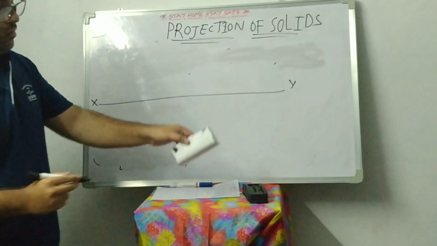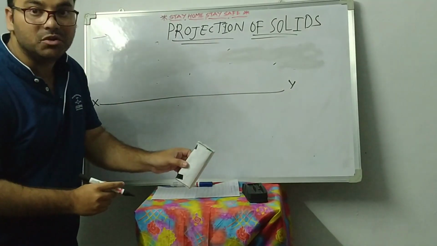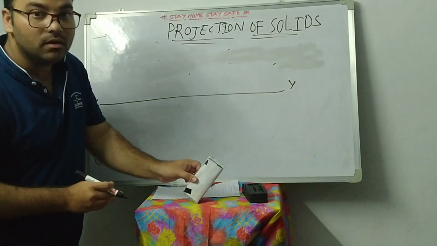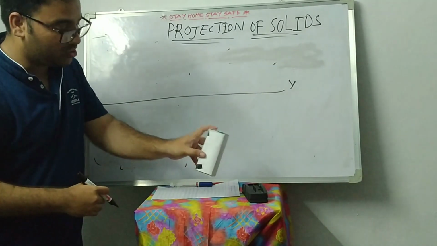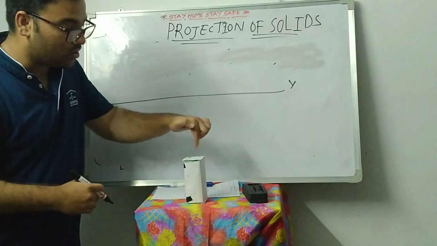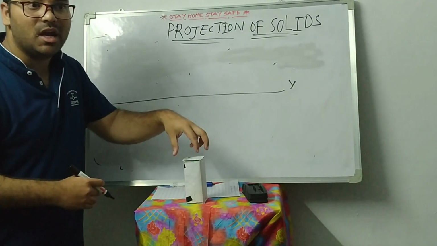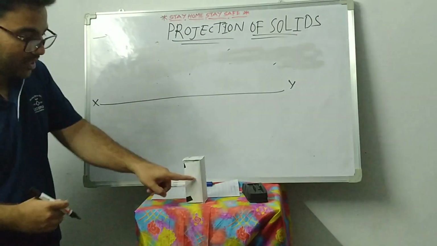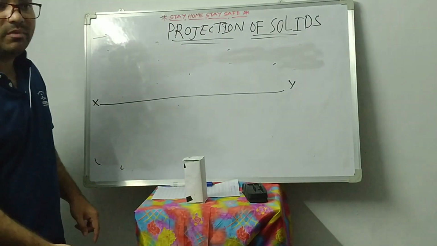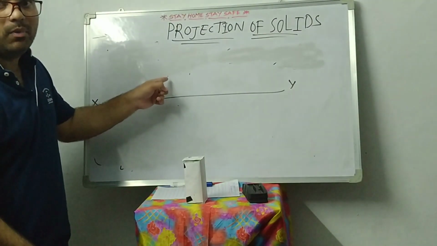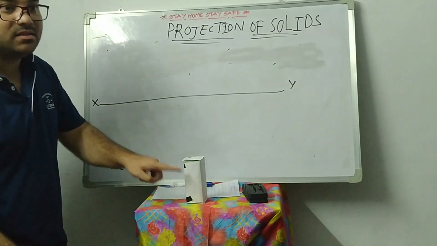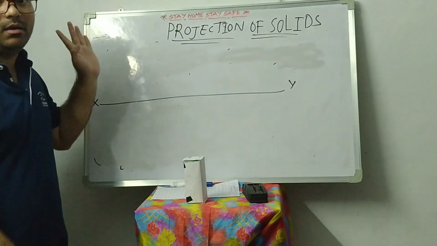Now again I am showing the position. This is the condition, inclined to the HP, so I am standing on the HP. I can see the true shape, the square shape, in the top view, and the rectangle face will fall on the vertical plane.